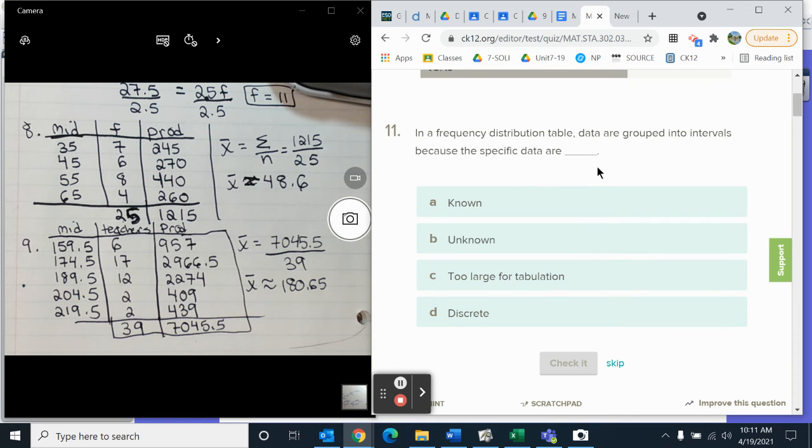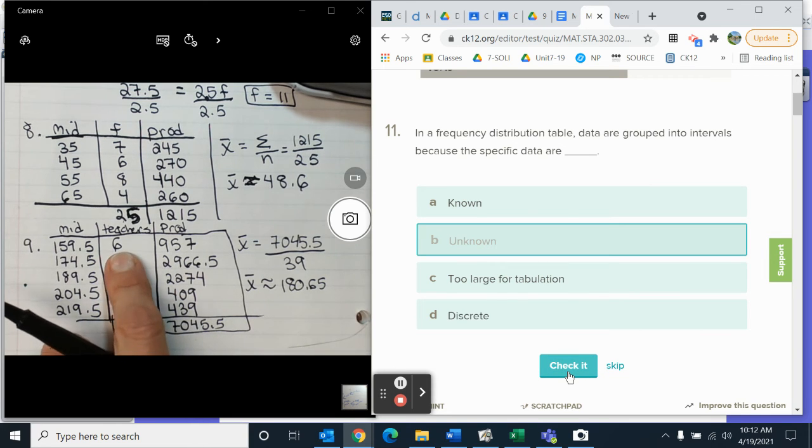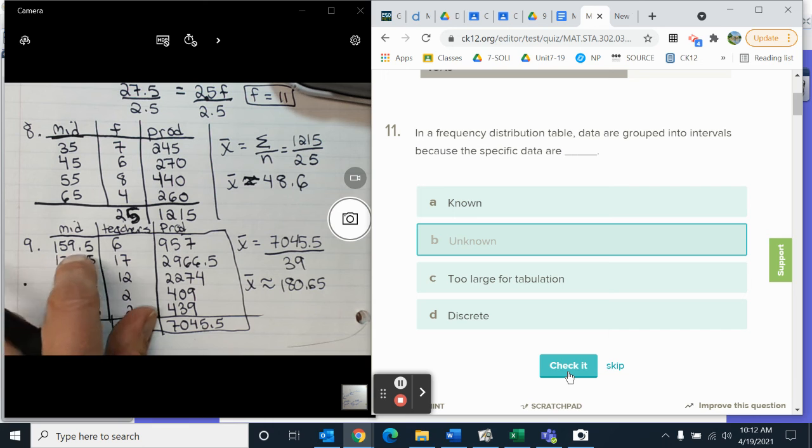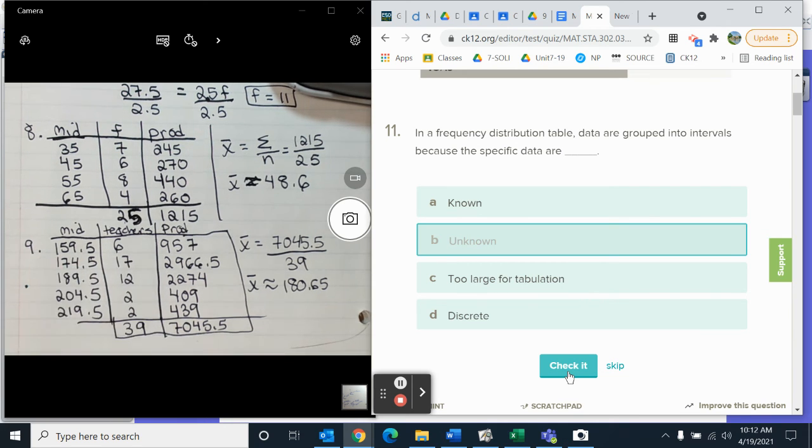In the frequency distribution table, data are grouped into intervals because the specific data are unknown. Exactly. We just know that there are 6 teachers somewhere in this height. Maybe they were 158, maybe they were 165. We don't know. We just know that they're in this range. It is unknown.